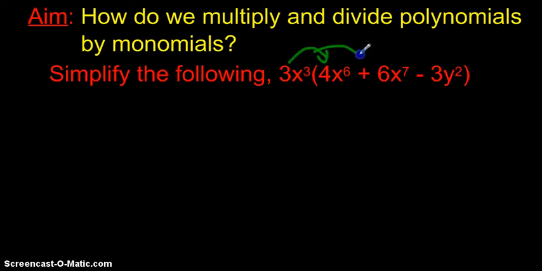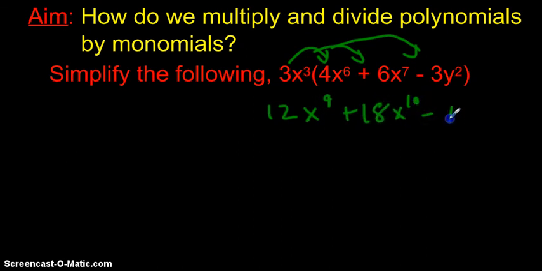Multiply this, multiply that, multiply there, and we get 12x to the 9th plus 18x to the 10th minus 9x to the 3rd, y to the 2nd. Alright, so again the rules, now we're applying the exponent rule where if we multiply two variables with the same base, we add their exponents.